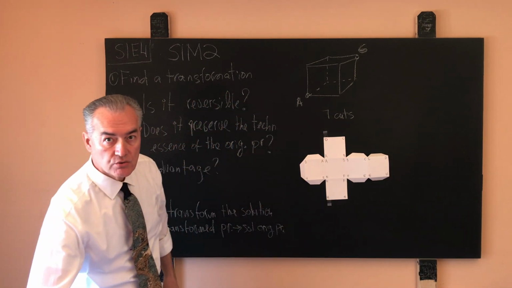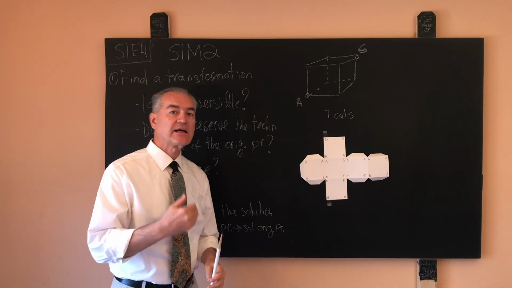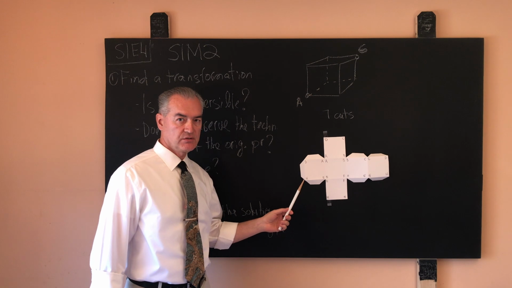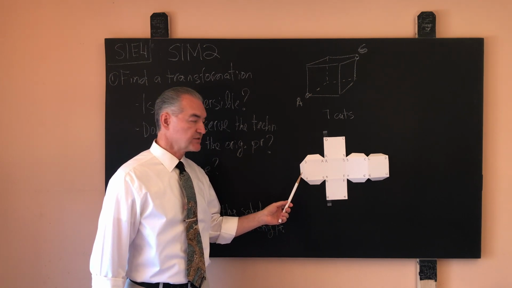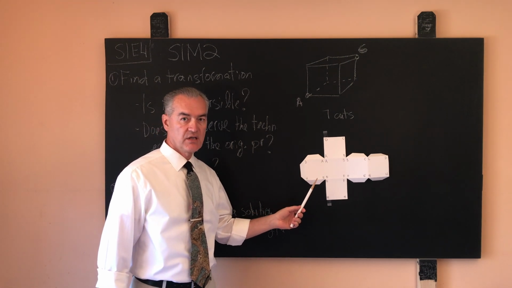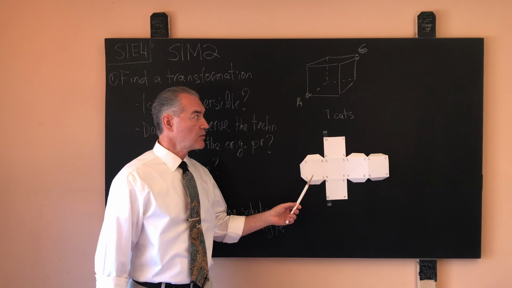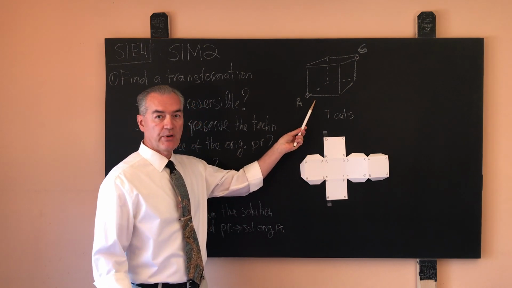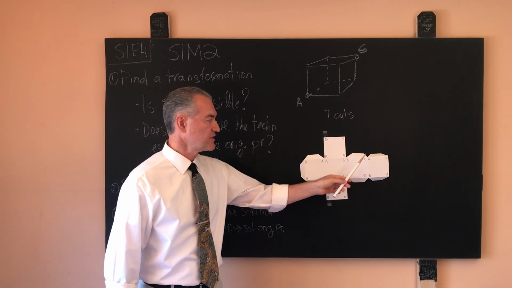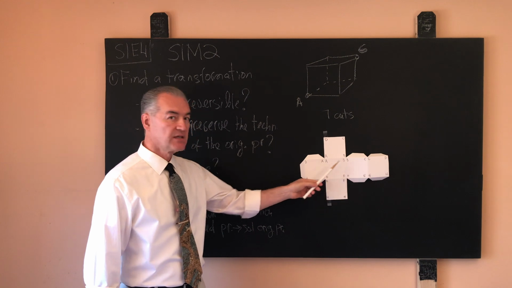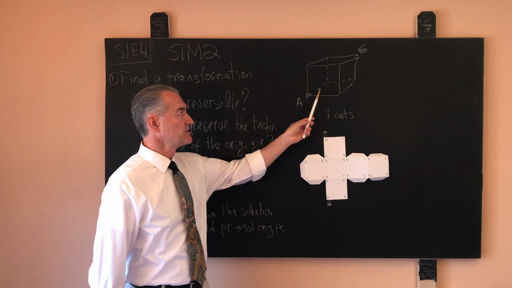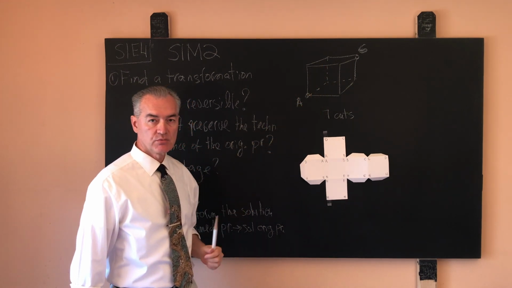So we try to produce a cutting of a given solid into a two-dimensional shape called a net in such a way that the number of faces in the resultant net is precisely equal to the number of faces in the original or parent object. In this case, we have 1, 2, 3, 4, 5, 6 faces in our net or two-space flat shape, and we have precisely 6 faces in a cube.